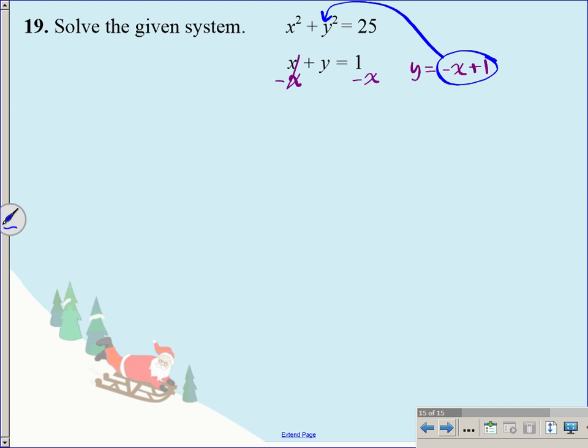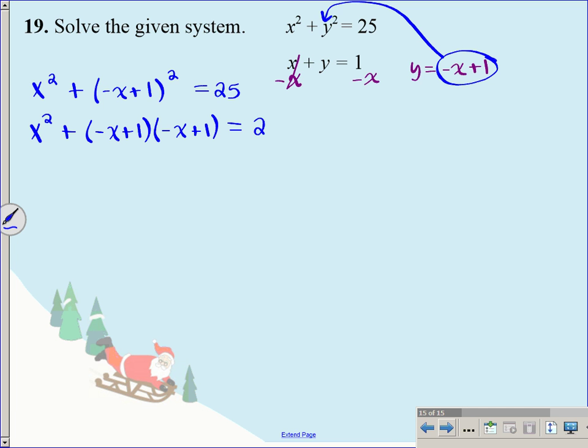And when I rewrite that first equation now, I'm going to get x squared plus, and instead of y, you now have -x plus 1 squared equals 25. Well, it's really important that you remember here what it means to square a binomial. That means you need to multiply it by itself.